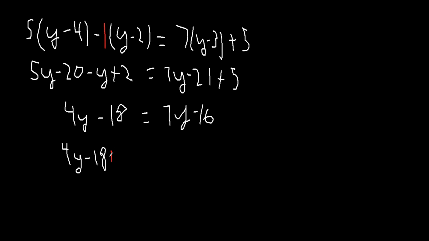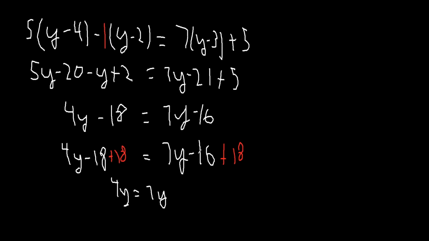So this is plus 18, and here we have 7y minus 16, and this will be added to our positive 18. Now we have 4y, which equals 7y minus 16 plus 18, so that's positive 2.